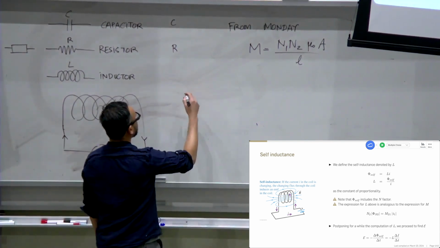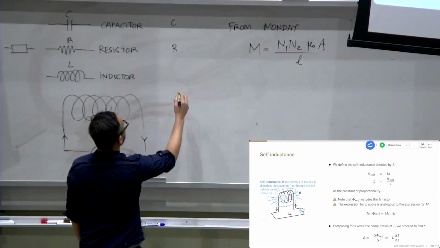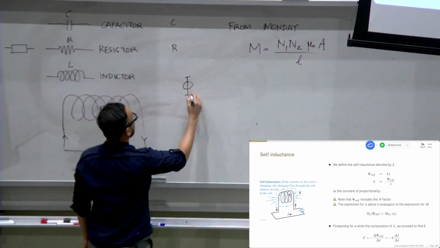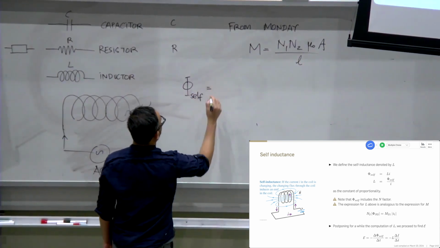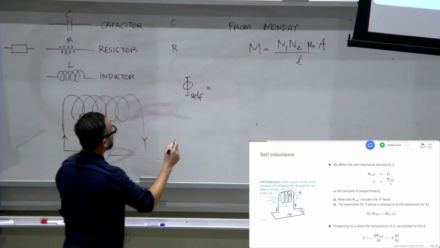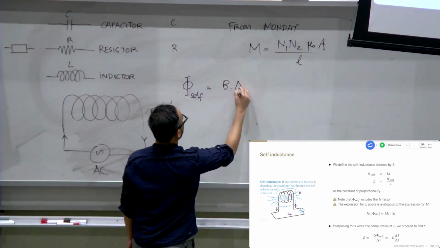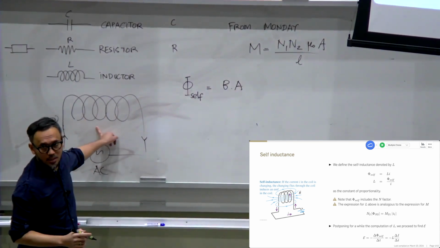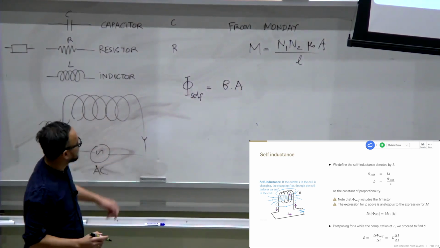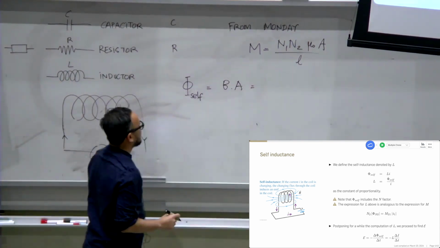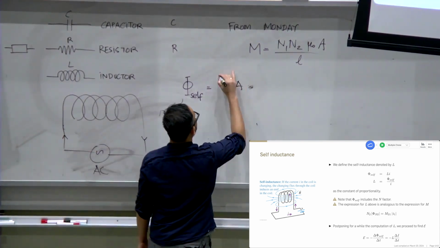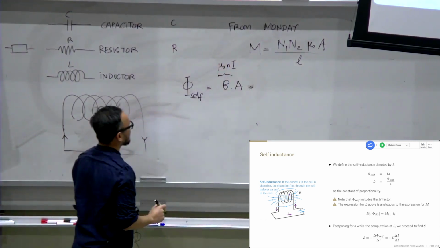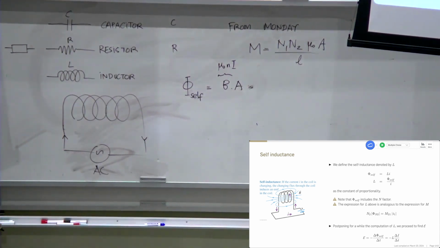All the things that we discussed are still the same, except that instead of the flux from a different coil, the symbol I use is self magnetic flux, which is B times A. And then what is the magnetic field of a solenoid? It's just a test in case you already forgot. And then what else?